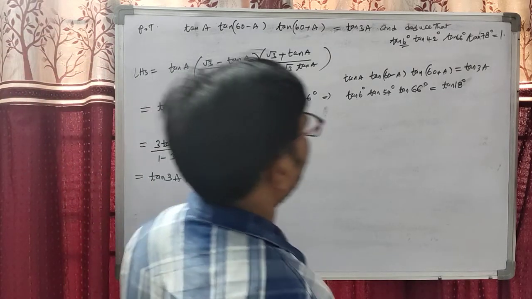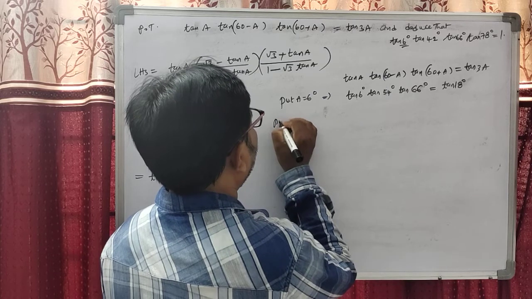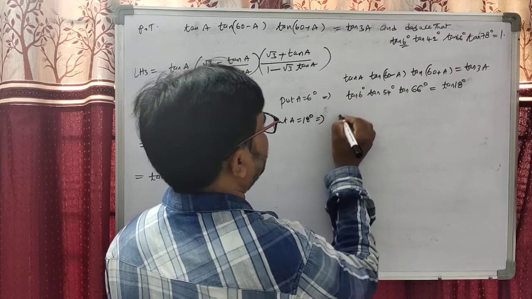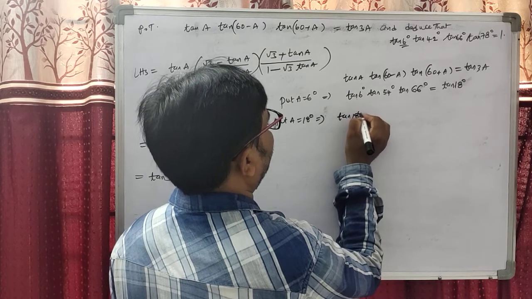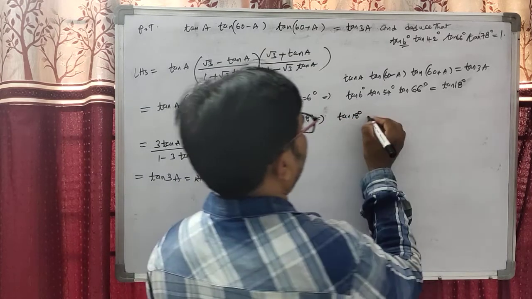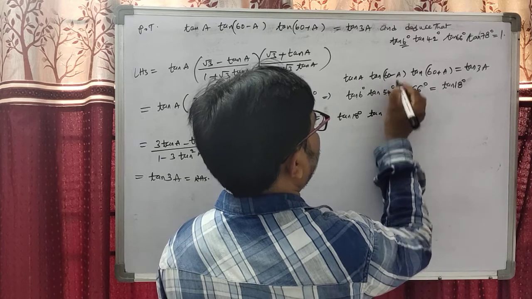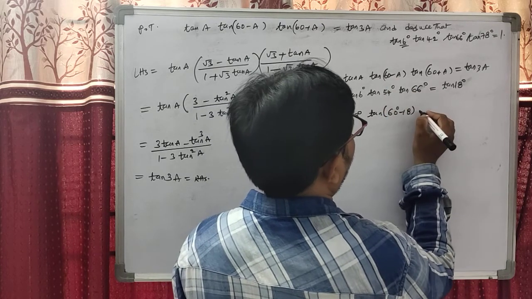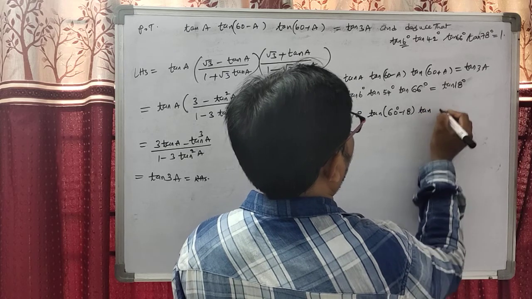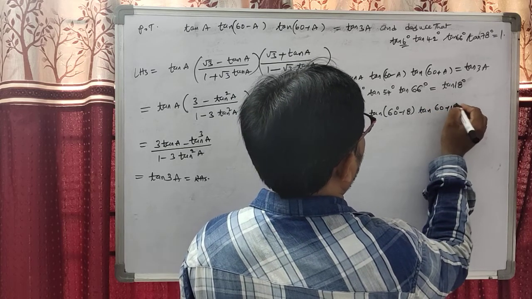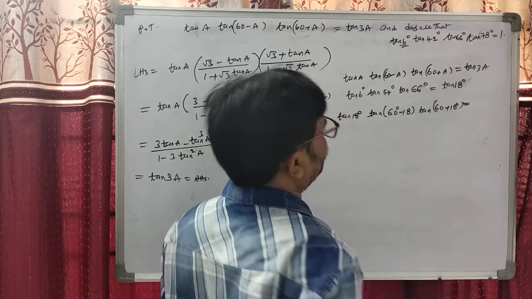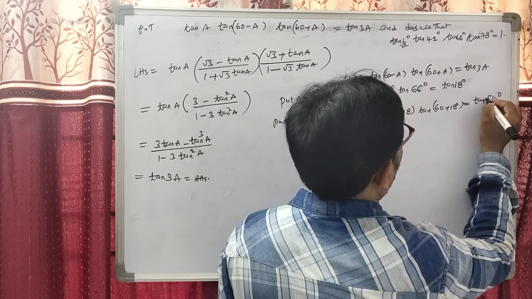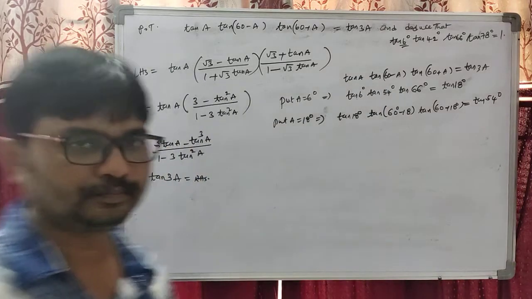Now students, we can find it by putting a equal to 18 degrees. That is tan 18, tan(60 minus 18), tan(60 plus 18) equal to tan(3 into 18), which is 54 degrees.